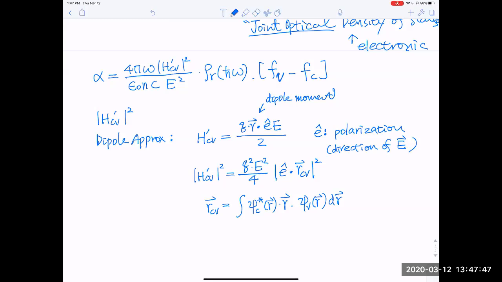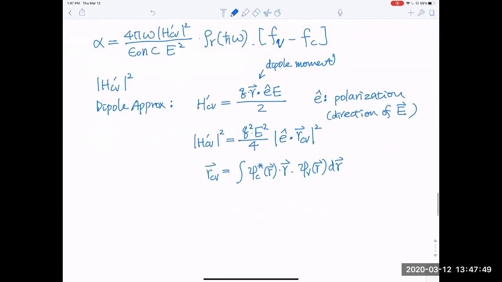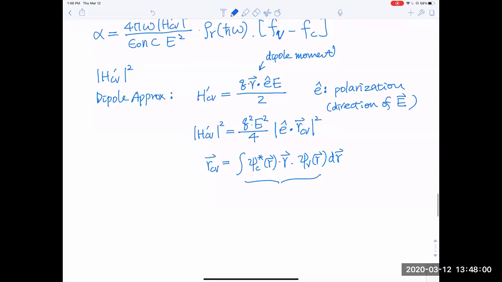These are still symbolic; we still need to evaluate this integral, which we will not do without going into the complex form of the wave function. But without doing that, we can clearly see the E squared dependence here.